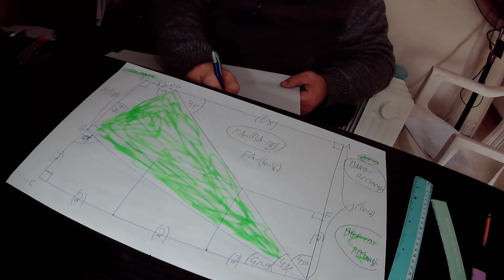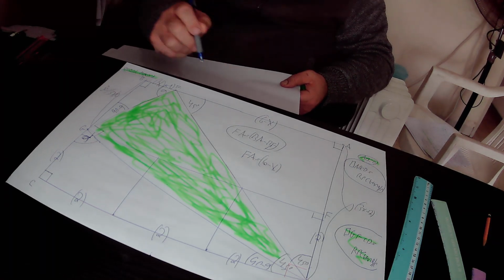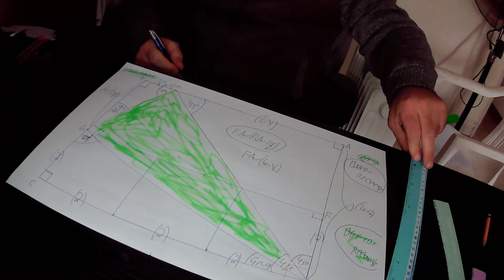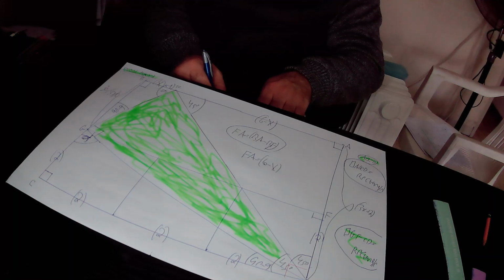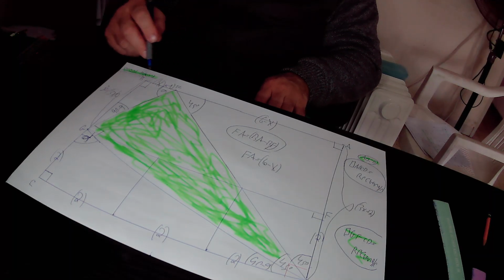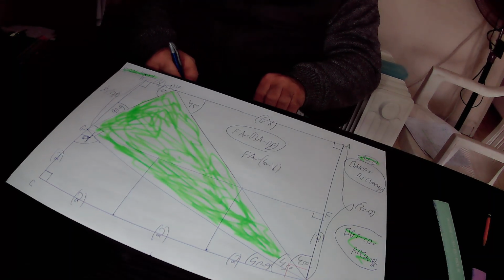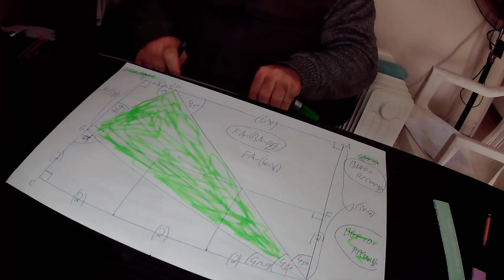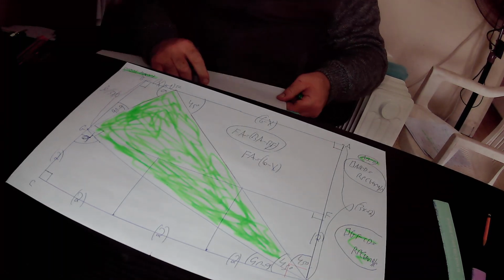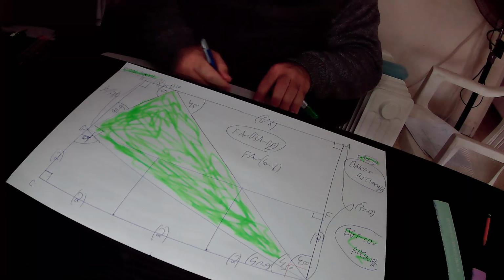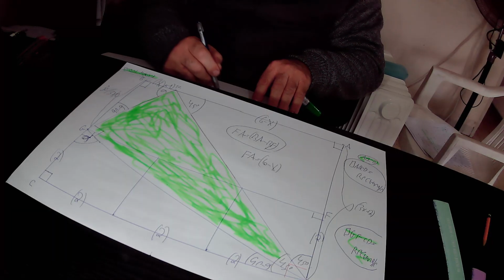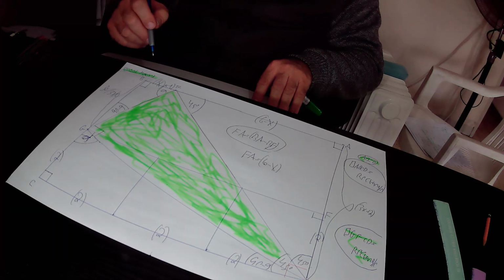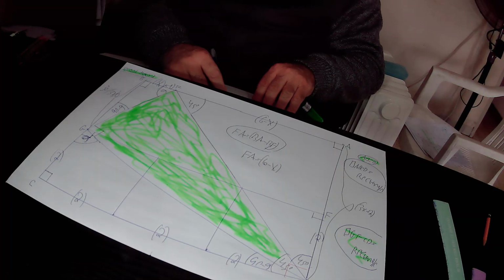So in this upper right triangle BFG, according to the Pythagoras theorem, FG squared, that is the square of the hypotenuse, equals BF squared plus BG squared.